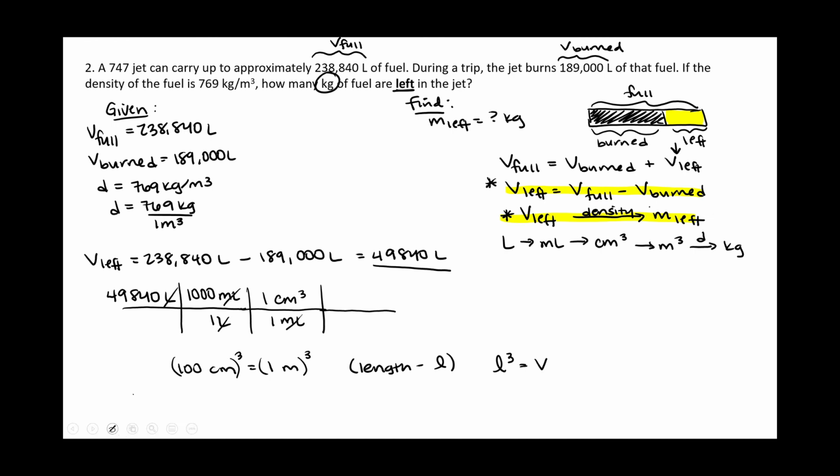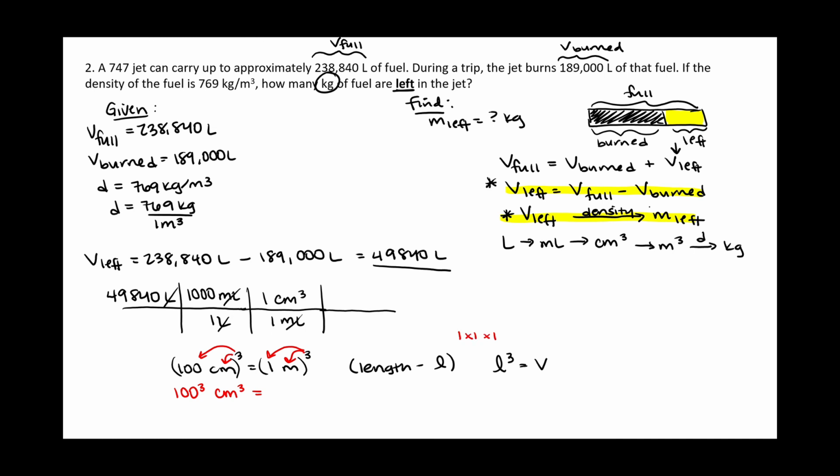When we do that, the 3 distributes to both the 100 and the centimeters, as well as the 1 and the meters. If I rewrote that, it would go to 100 cubed centimeters cubed, 1 cubed is still 1. If you're thinking about it, it's just 1 times 1 times 1.